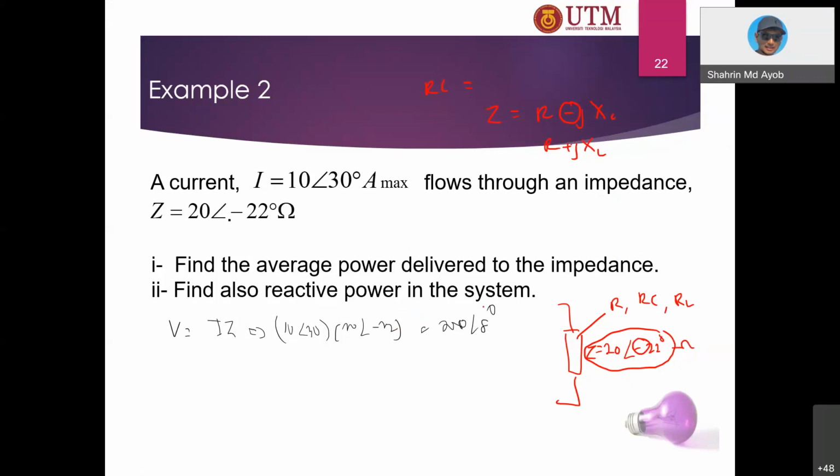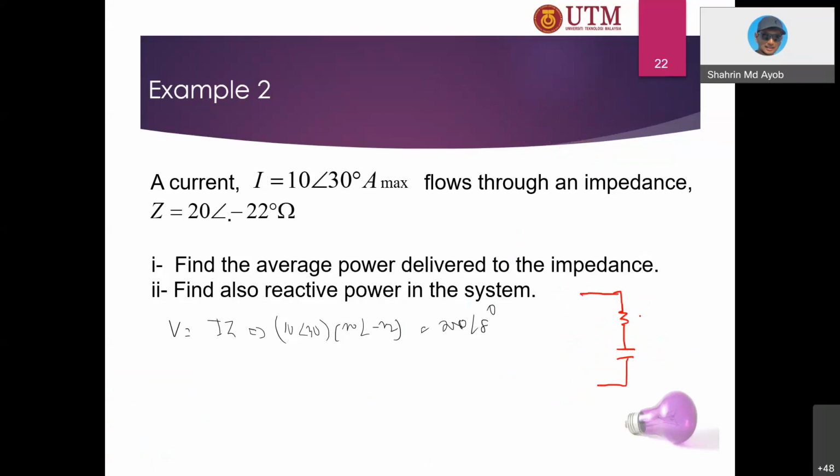So the load is a capacitive load and the current drawn into the load is 10 with an angle of 30 amperes. Right now, find the average power delivered to the impedance. I can say that this is R and a capacitor, with current 10 angle 30 degrees.